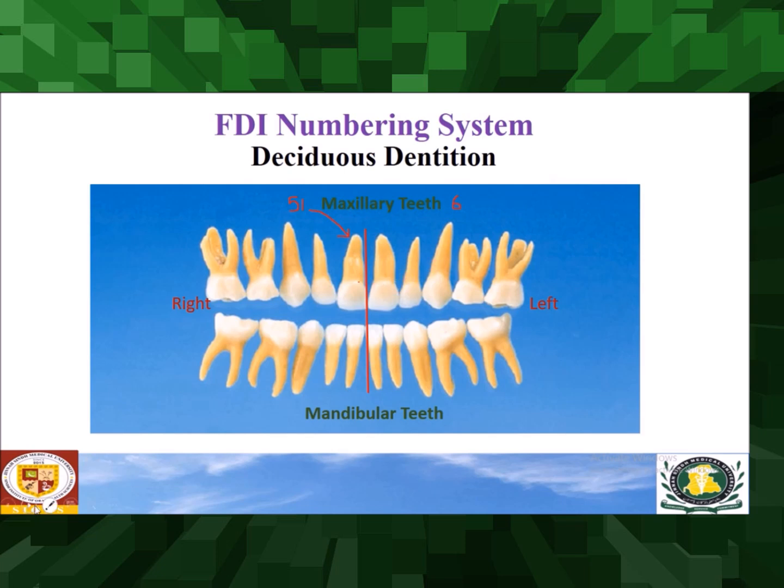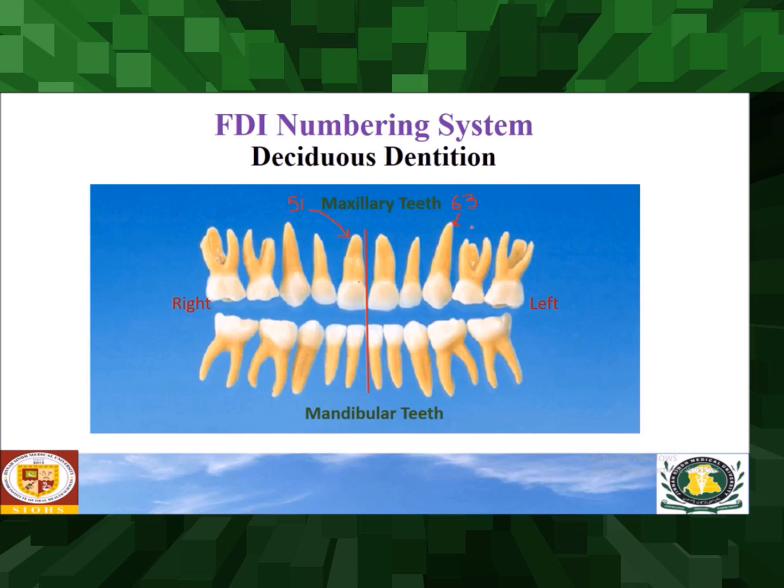So we will write 3. This tooth is 6-3. So the maxillary left canine is 6-3. We have to pronounce 6-3 instead of 63.